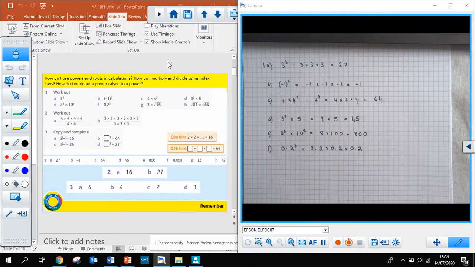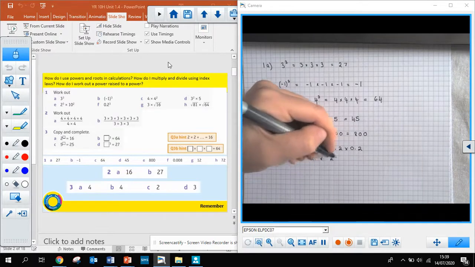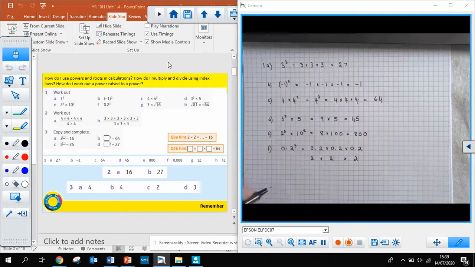So be very careful and think about your answer. Okay, I know the answer to 2 times 2 times 2 because I've already done it. 2 cubed is 8. But what I need to think about is what have I done to each stage of my multiplication, and therefore how am I going to change it back to get the answer to 0.2 cubed.